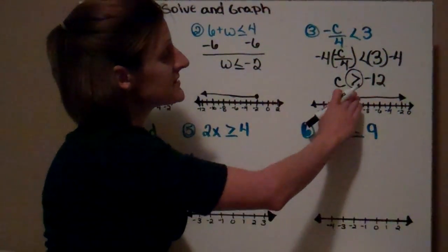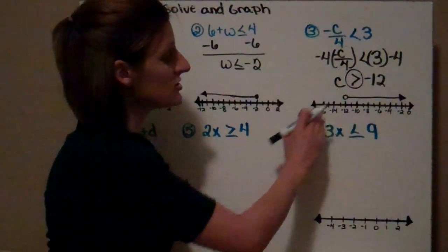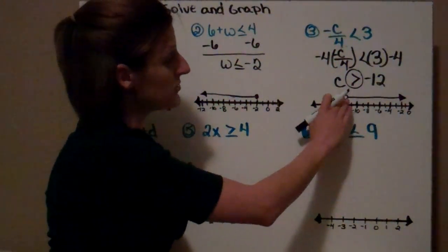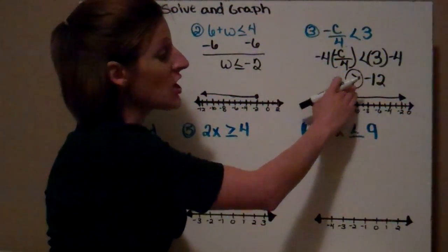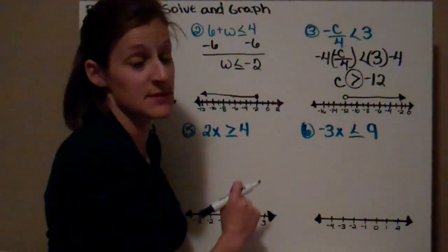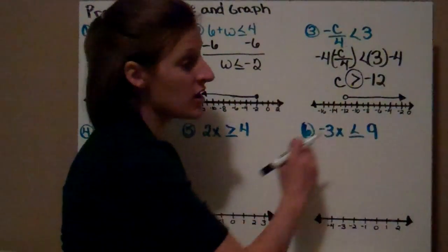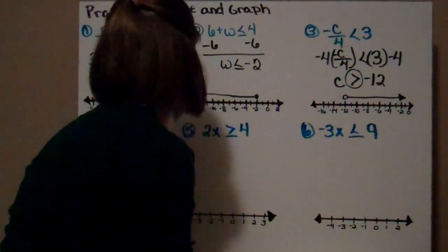Now, since it's not equal to, it's an open circle. And since negative 12 is not an answer, it's an open circle on negative 12, and c is greater than, that means negative 12 is the smallest answer. So I'm going to go to the right with my arrow for all my solutions.